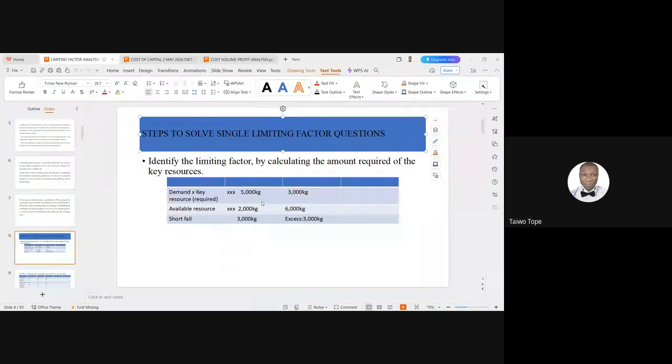For example, in a question, let's assume you have a demand and the required quantity of material to satisfy that demand is, let's say, 5,000 kg for product A and 3,000 kg for product B. But what you have access to is 2,000 for product A. What you have access to for product B is 6,000.